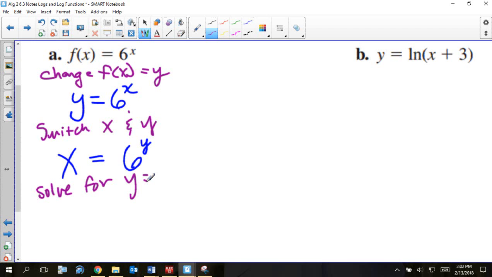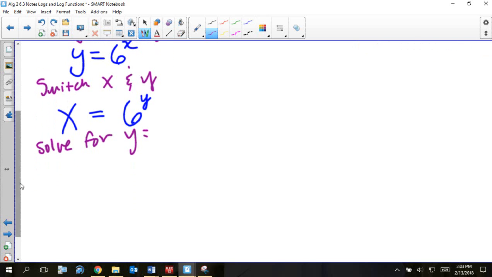So from our warm-up and from our homework yesterday, what cancels out a base of 6? Log, not log 6, but log base 6 is the inverse of 6 to the power. So my next step, I'm going to apply log base 6 to both sides. My next step looks like this.